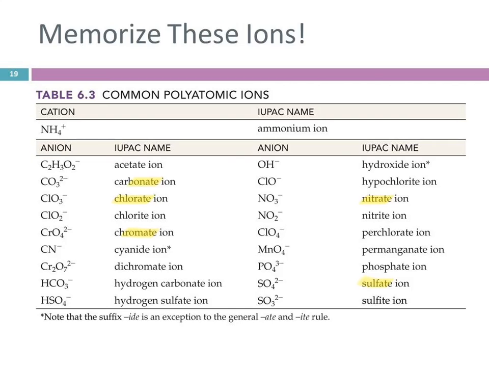I don't think I missed any. Acetate is an -ate too, but it's not in the pattern that I'm going to show you. Chlorate, chromate, nitrate, sulfate. Oh, I missed phosphate. There's somebody missing. Phosphate. Those guys are important.